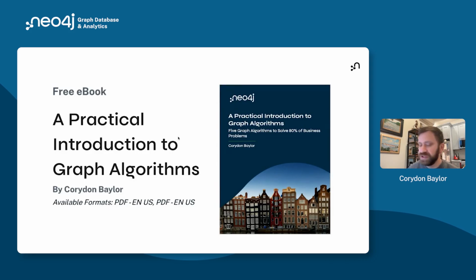You can search that title. It's a free ebook. I actually wrote that book. It covers a couple of things we're talking about here. It covers the Jaccard coefficient, which we just discussed. It covers community detection and FastRP, which Kevin called out as well. So this will give you a lot of information, both about the math, but more importantly about the intuition behind these algorithms. That way you know when to best apply them.